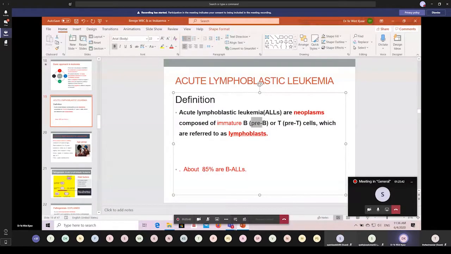You remember? Lymphocytes, B lymphocyte and T lymphocyte, right? Most are B lymphocyte, B cell ALL. T cell ALL usually has a not good prognosis. B cell ALL, the outcome is usually good.